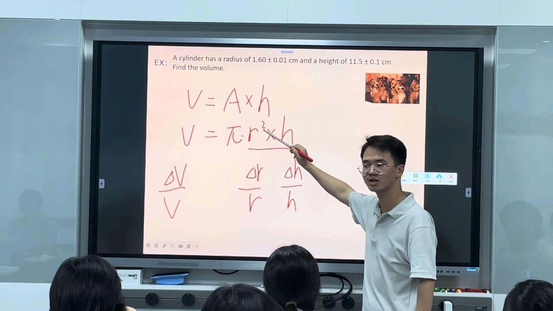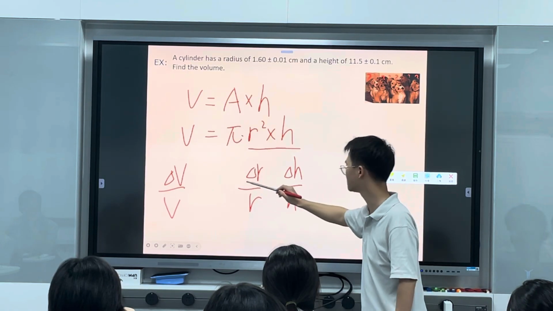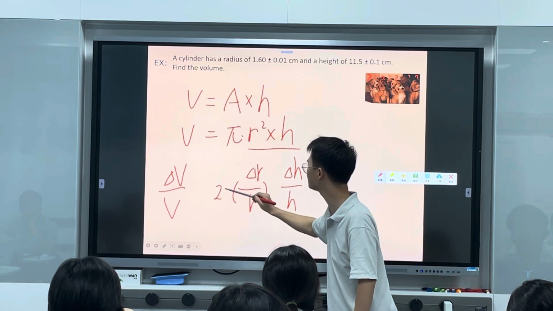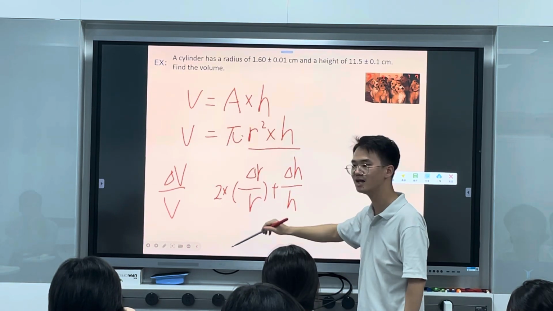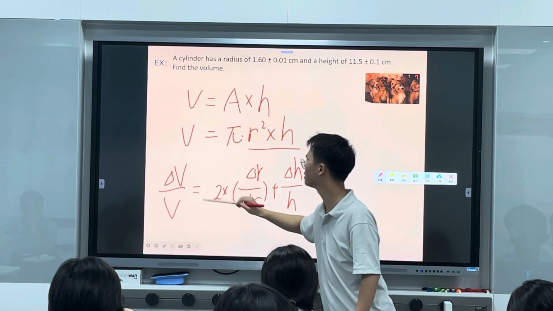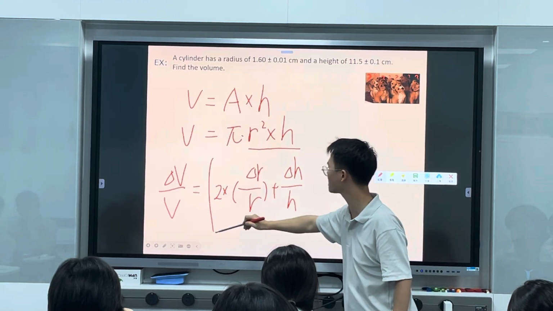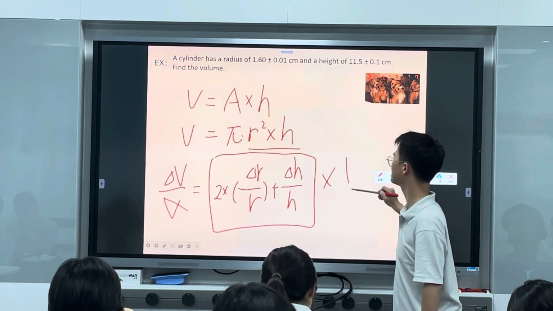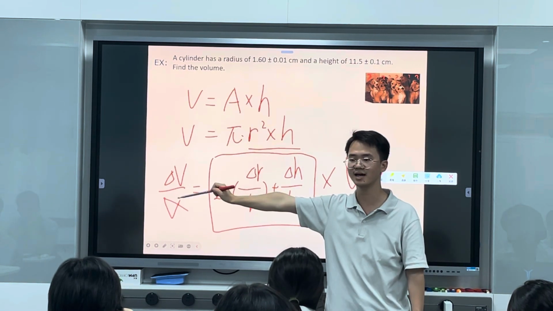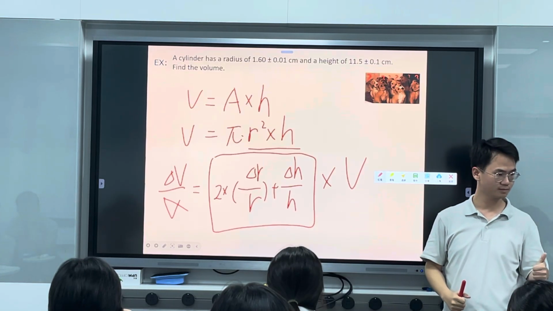So r is to the power of 2. What should we do with delta r over r? Times 2. Anything else that we should do? Add them together and then equal. So how can we find the absolute uncertainty of delta v? You first of all calculate this part, and then you times v to get delta v. Okay? Any questions? Cool?